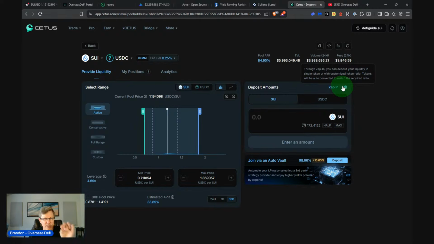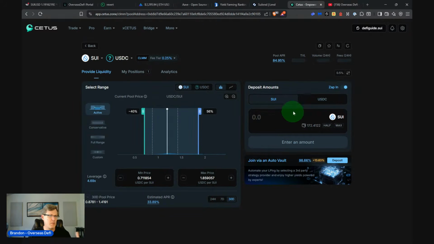There's a little tiny bit of a fee associated with this. I'm not sure exactly what it is on Cetus. Maybe it's even free. It's probably really small, if anything. And now, rather than having to do the math, I can just zap in a single asset. The protocol is going to do the math for me. It's going to do the swapping, and it's going to do the deposit all in one click of the button.